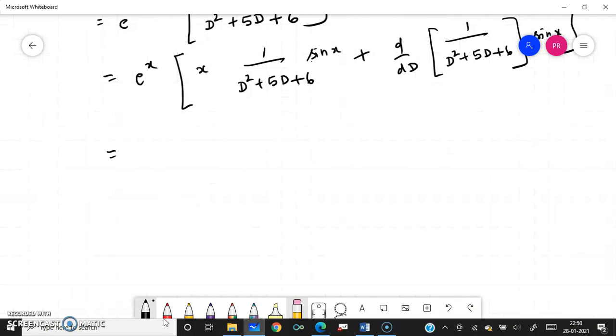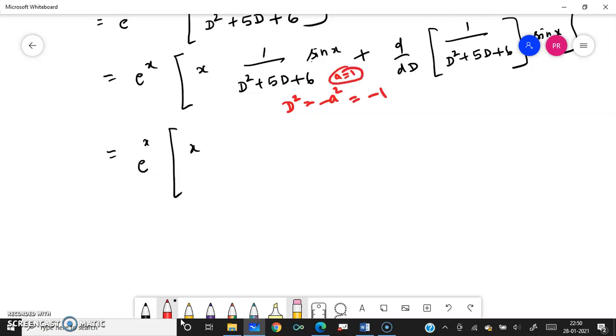So this will be equal to, using that formula, e power x, x, what is d square? d square equal to minus a square, that is minus 1, here a equal to 1.